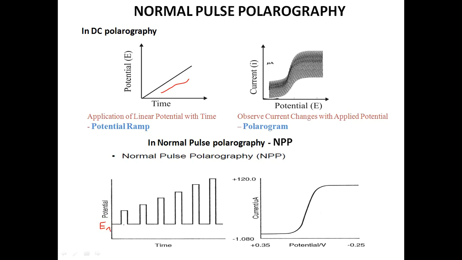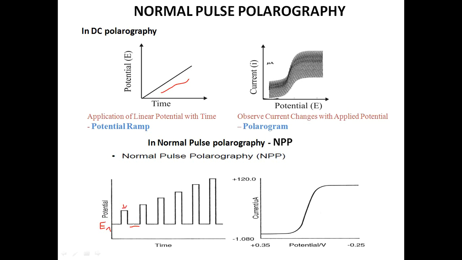To this constant potential, a small pulse of higher potential is applied for a particular time period, around 50 to 100 milliseconds depending upon the experiment, and at this potential the current is measured. The current is not measured at the initial potential. Current is measured only at this particular pulse.